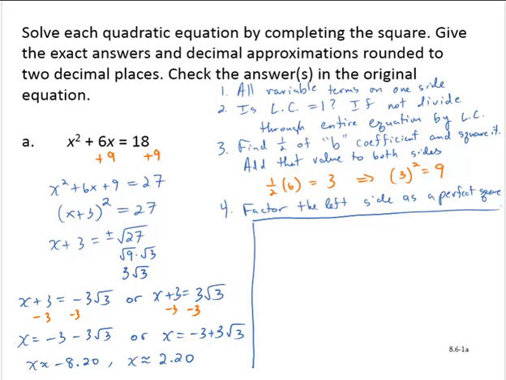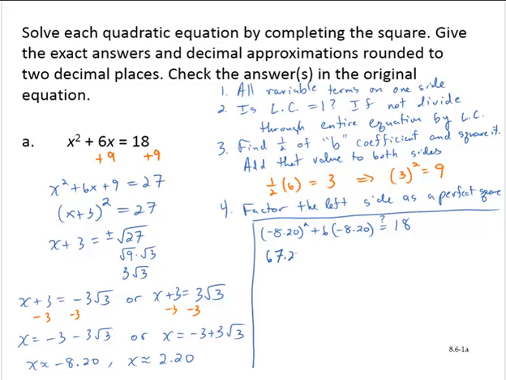Let's check our work. First with negative 8.20. Negative 8.20 squared plus 6 times negative 8.20. Is this equal or approximately equal to 18, since we did approximate? So negative 8.20 squared is positive 67.24, sorry about that.